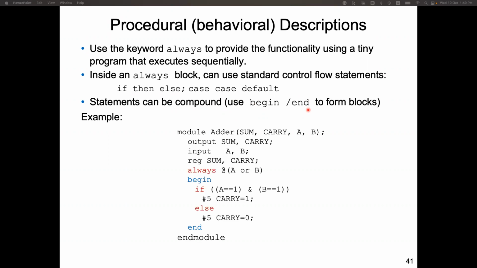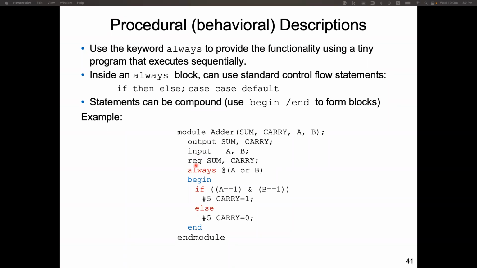Here is an example. Adder. This is just a one bit adder. Inputs A and B, outputs sum and carry are declared here. By default, they will be wire type, but now we declare the sum and carry as register type variables, because here we are going to use them in behavioral modeling.